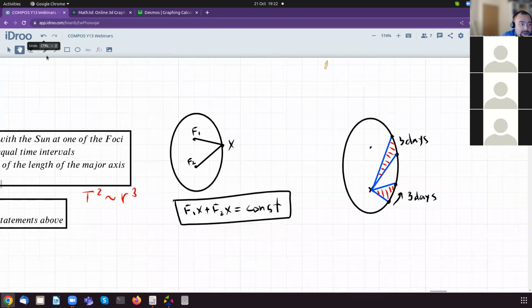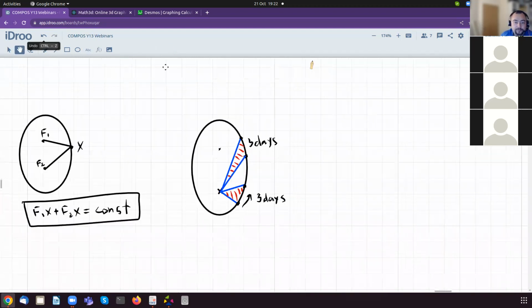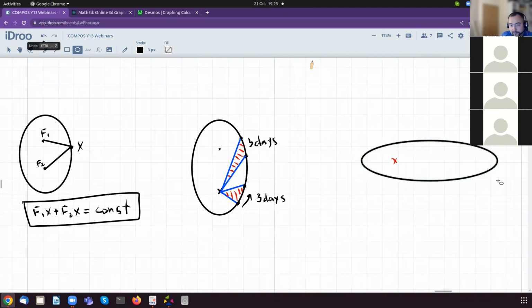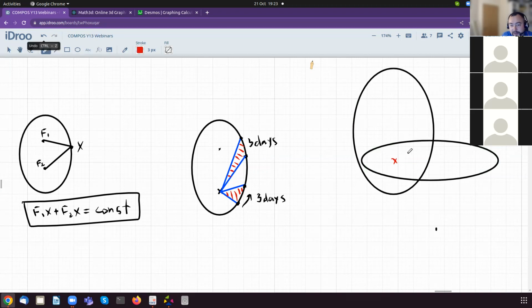But if you have the sun and you have two orbits, one and two orbits around the sun, and this is T1 and this is T2, and this is A1 and this is A2.